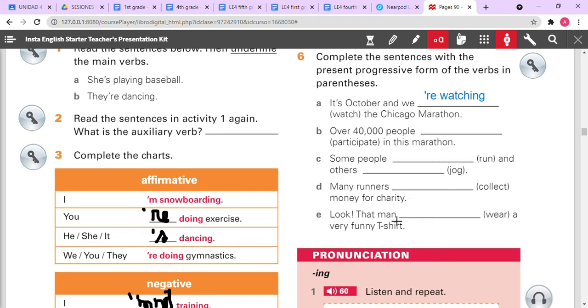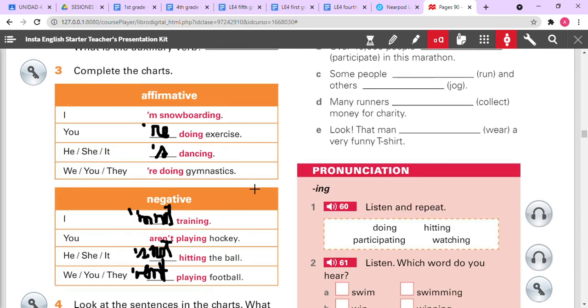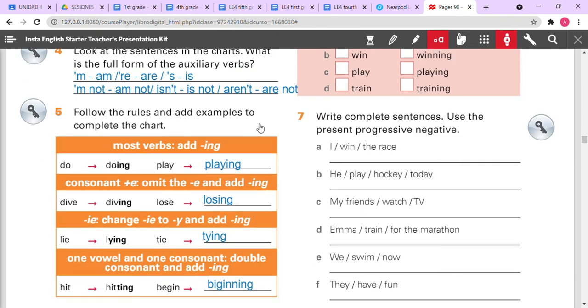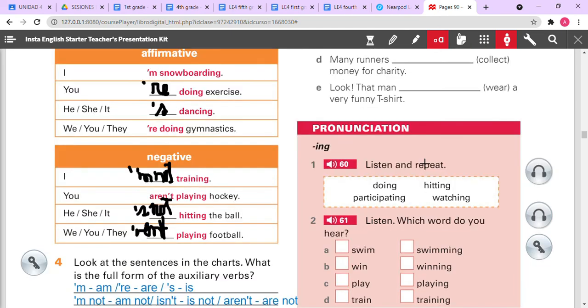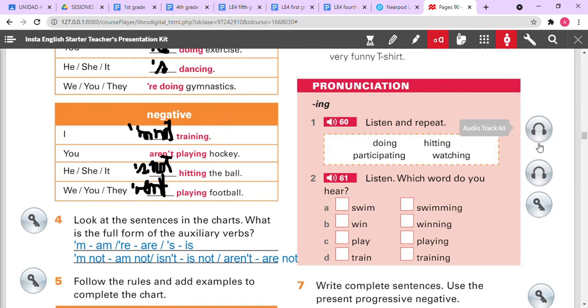Look, that man, it's only one person, that man is wearing a very funny t-shirt. So this is the correct form. Remember, we need to concentrate on the rules, but also we need to see the construction of our sentences. Okay? And here we have the pronunciation. Let's see. Listen and practice.